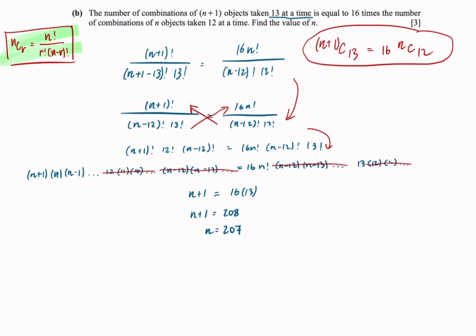And you can actually cross out this and this because n factorial is n minus 1, n minus 2, blah blah blah. So yeah, you can cross that out. So what you're left with is n plus 1, 16, and 13. So that's why my next line is this. And eventually you'll just get n equals 207. So yeah, that's the answer.